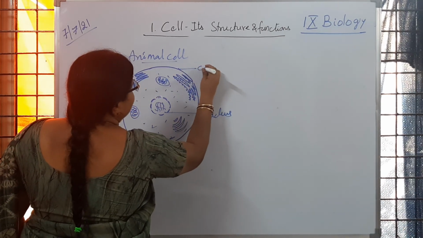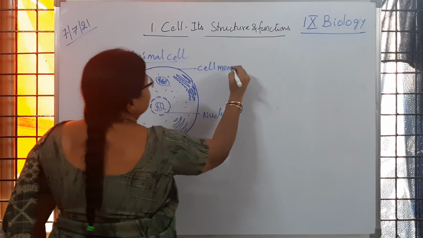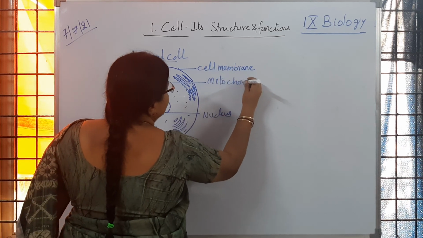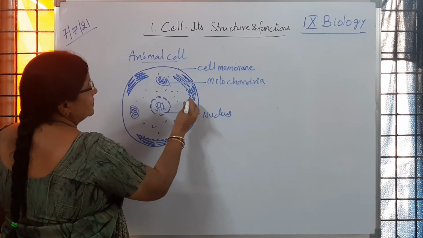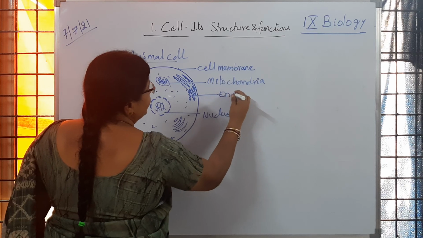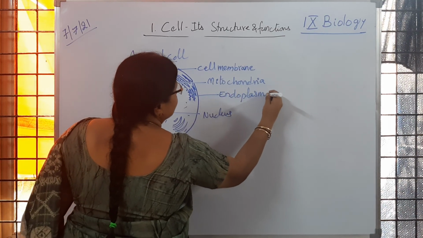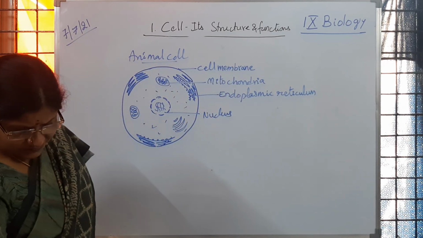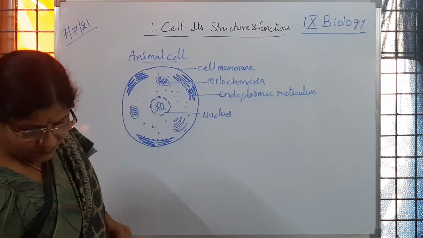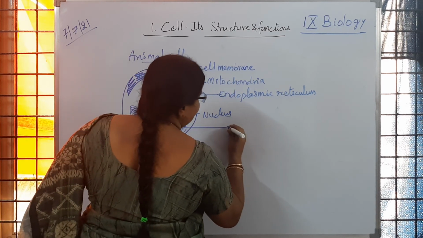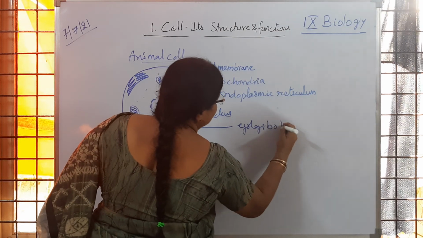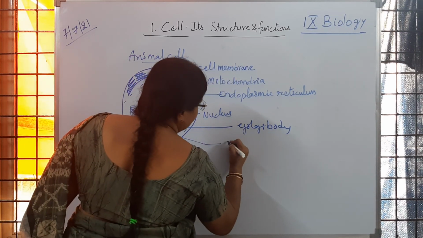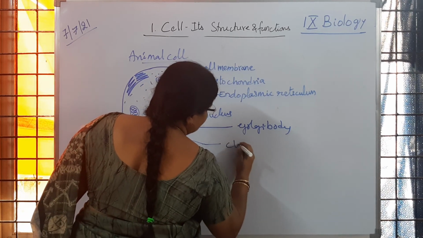Then this is the cell membrane, mitochondria, this is the endoplasmic reticulum, this is the Golgi body, and this is the cytoplasm.